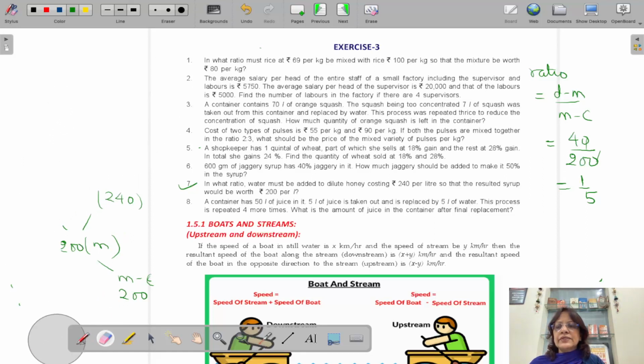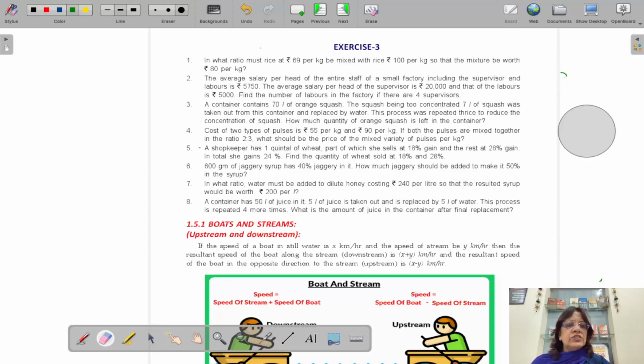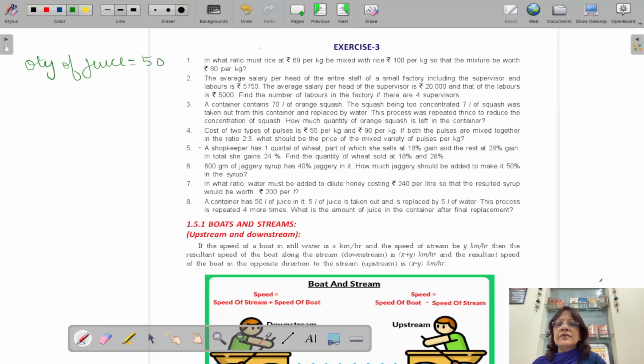Moving on to the next question, the last one. It is similar to the solved example second. A container has 50 liters of juice in it. 5 liters of juice is taken out and is replaced by 5 liters of water.